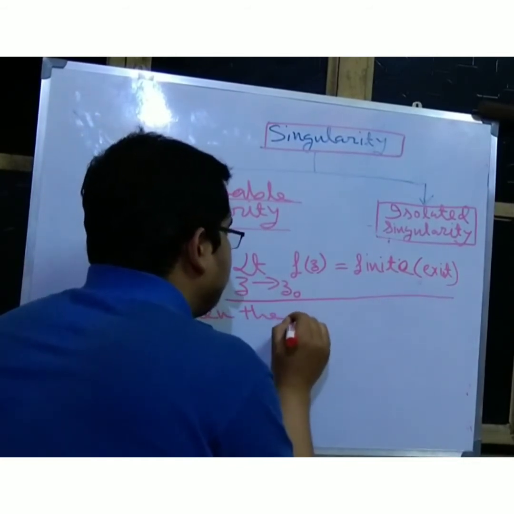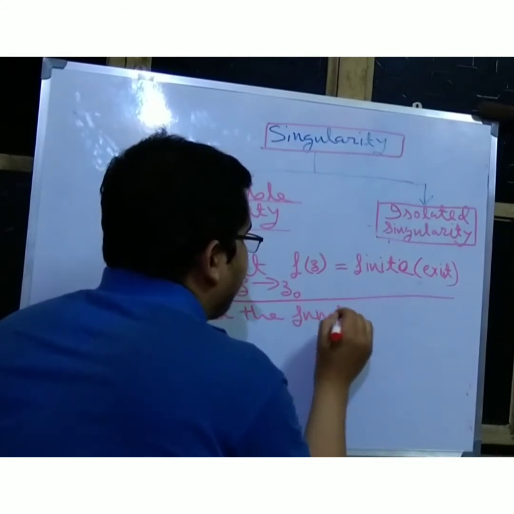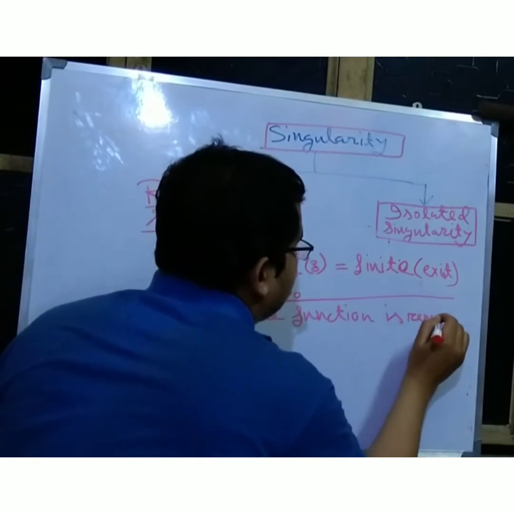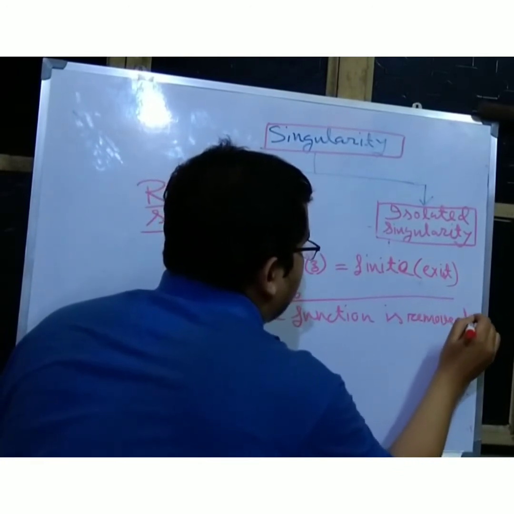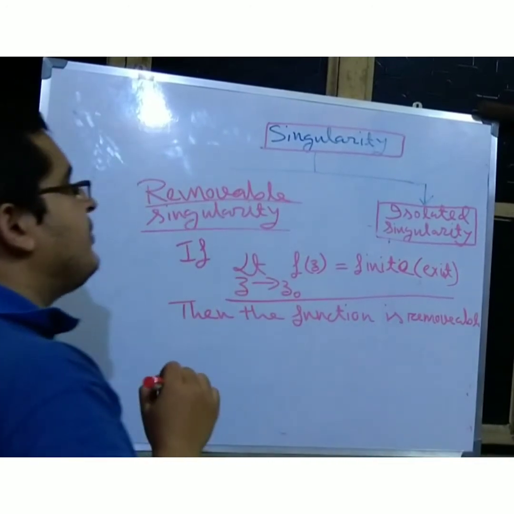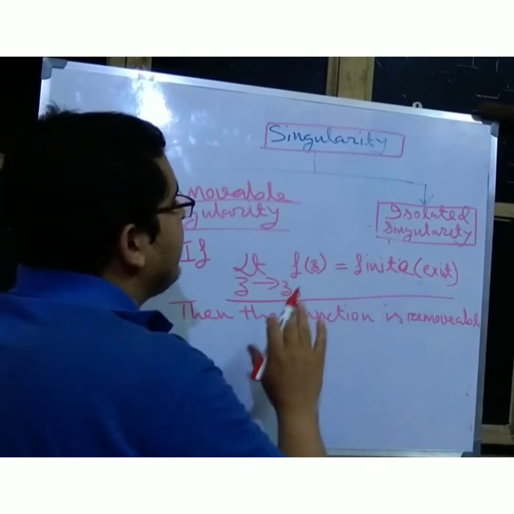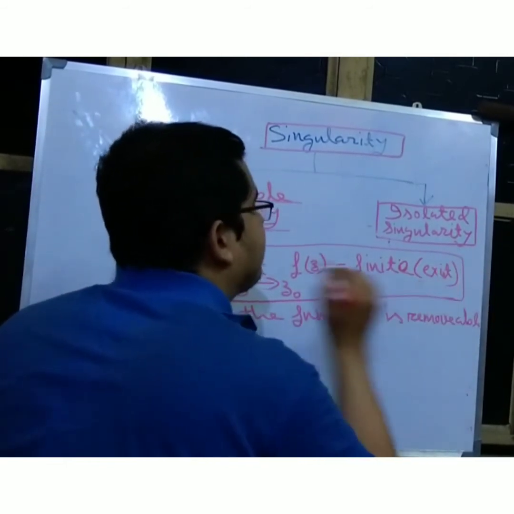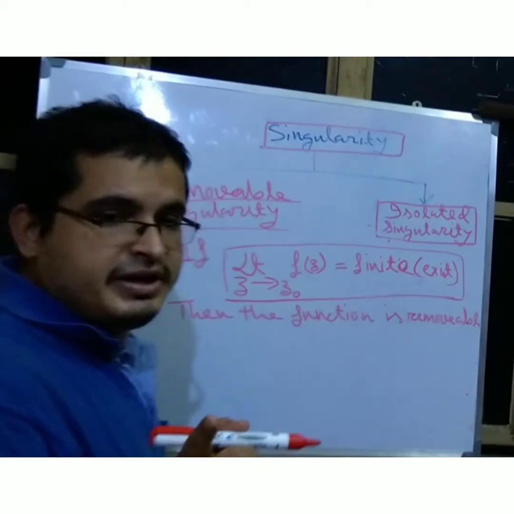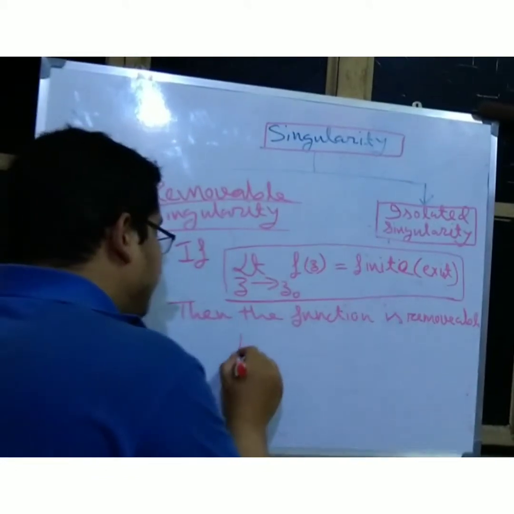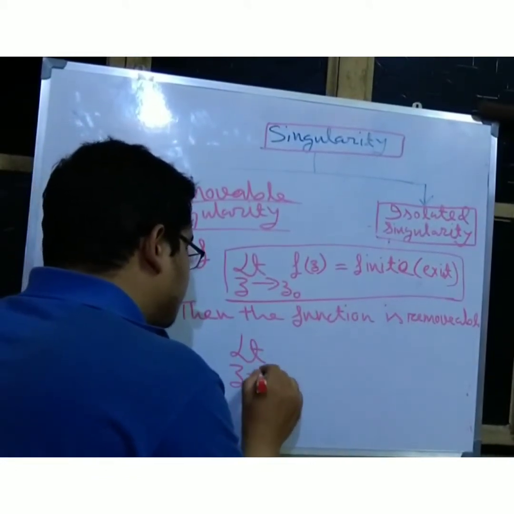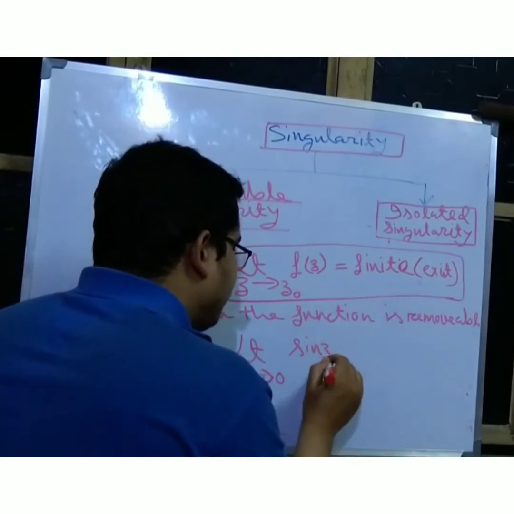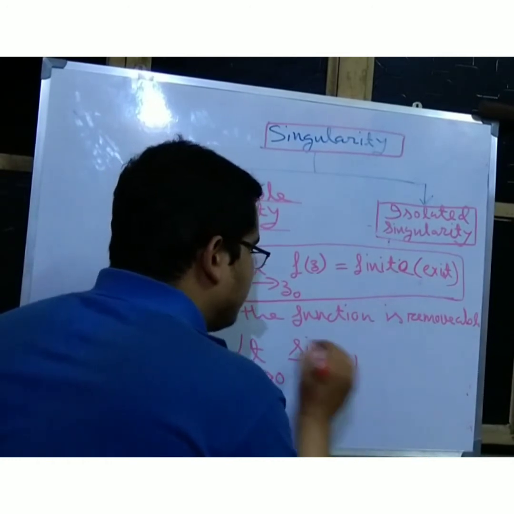The function is removable because the limit as z tends to z0 of f(z) is finite or exists. So you must remember this fact. Example: the limit as z tends to 0 of sin z by z equals 1.